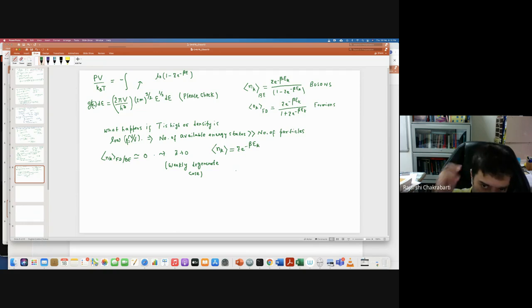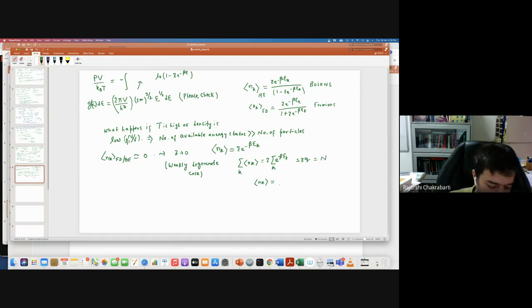So is it consistent with Maxwell-Boltzmann statistics? Because if I take the sum of this, what am I going to get? This is something like a partition function, small z times q.